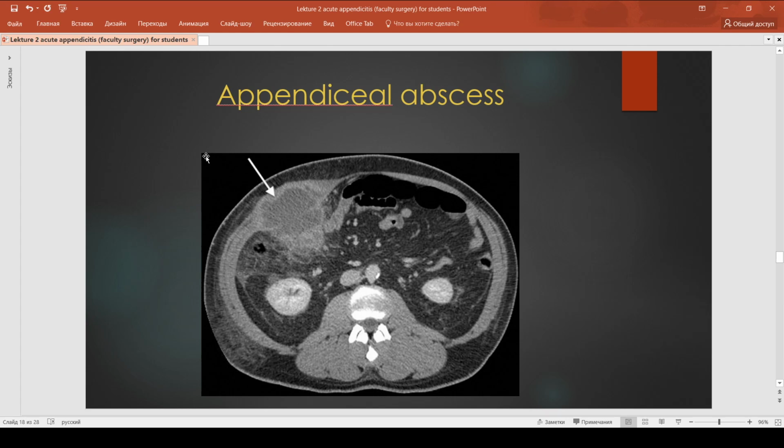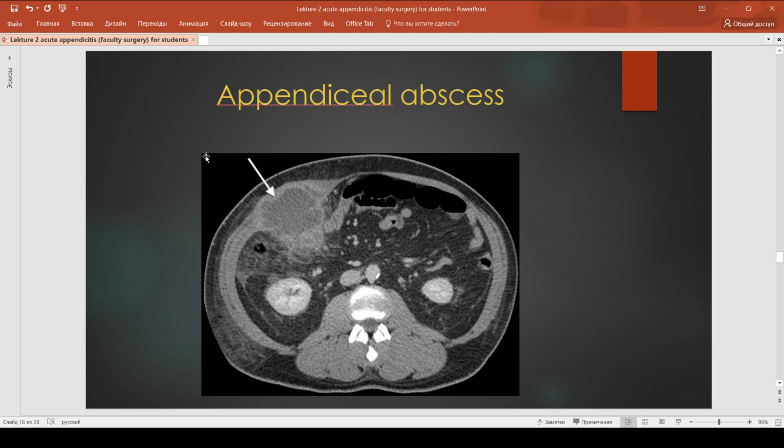Treatment: you can give the patient intravenous antibiotics for 3 days, and then you must give 7 days of oral antibiotics, and then in 6 weeks you must operate on this patient.